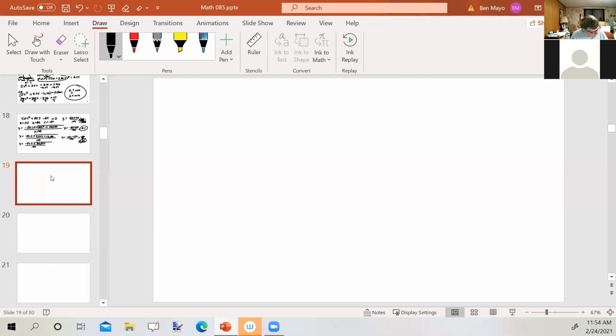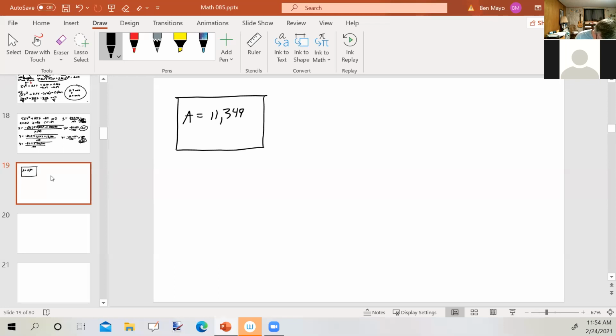The rectangular screen has an area of 11,349 square feet. Find the dimensions of the screen if it is 20 feet longer than it is wide.